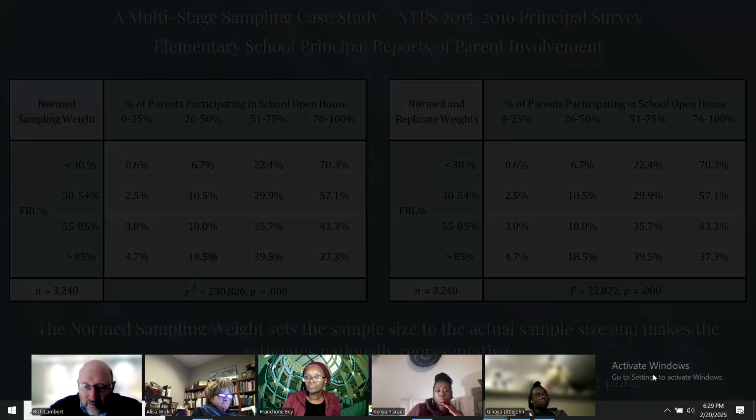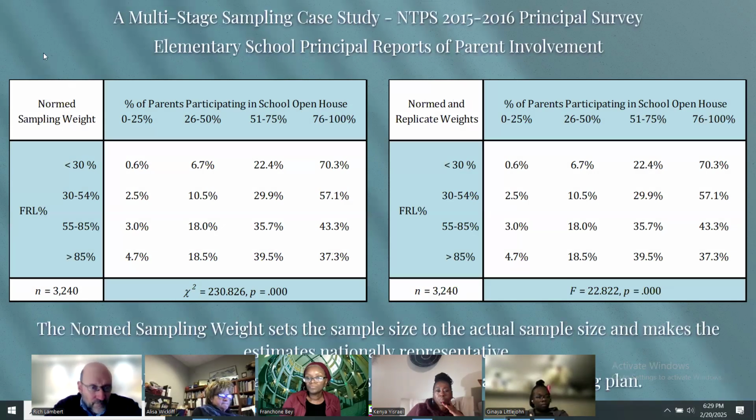slide. Okay. So the panel on the left here, same analysis, but it's what's called the normed sampling weight. This is another statistical procedure you can use to set the sample size back to the actual sample size and still get nationally representative statistics. So in this case, notice now how our sample size is 3,240, and all of our statistics are the nationally representative version.